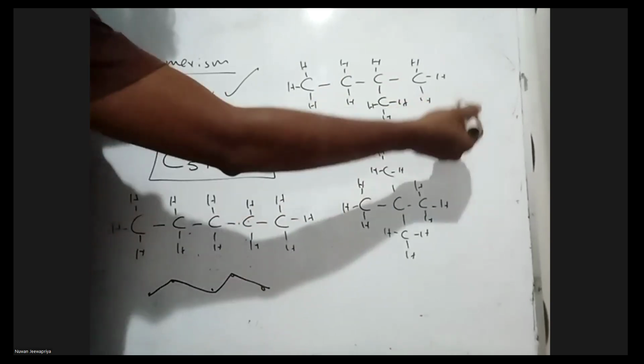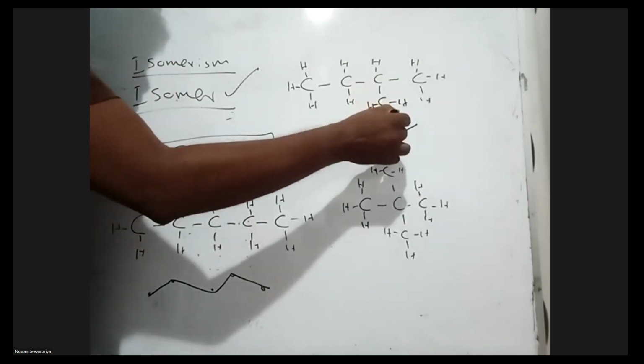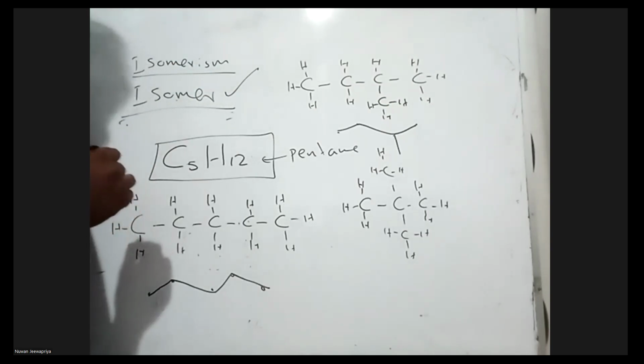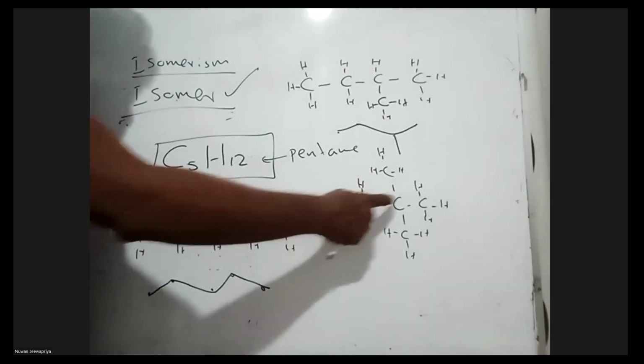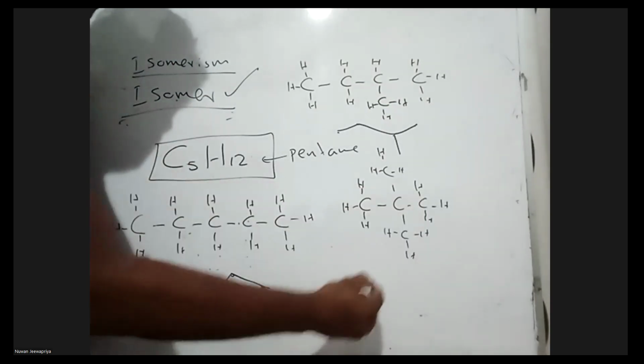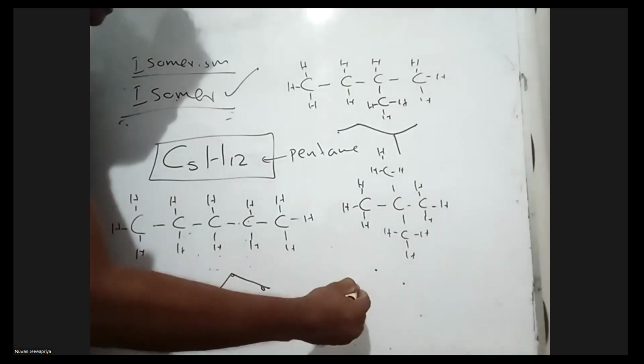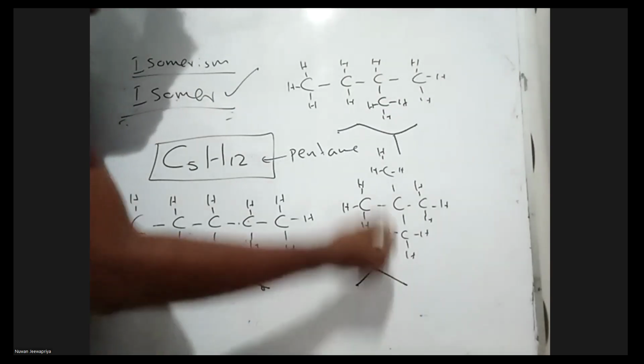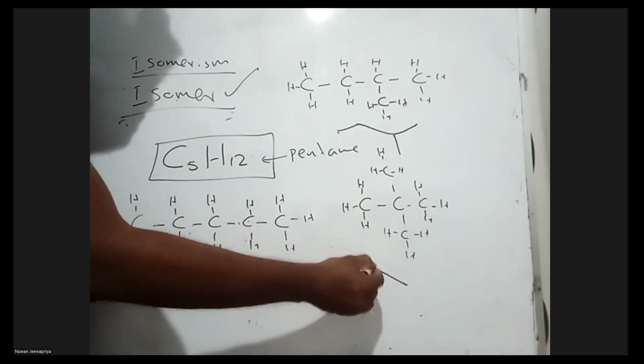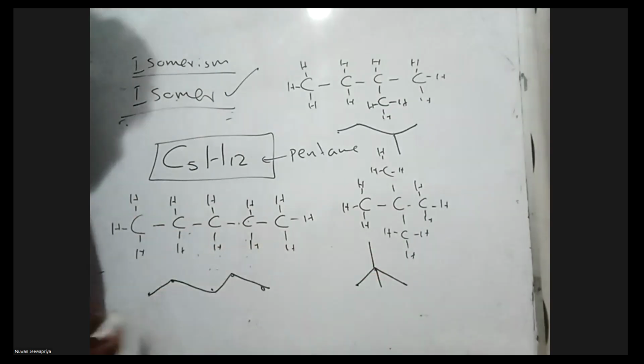And you see the branch from this side, the second one has a branch. We mark it this way. And in this one, 1, 2, 3 is there, and it has 2 branches. So I mark it this way.